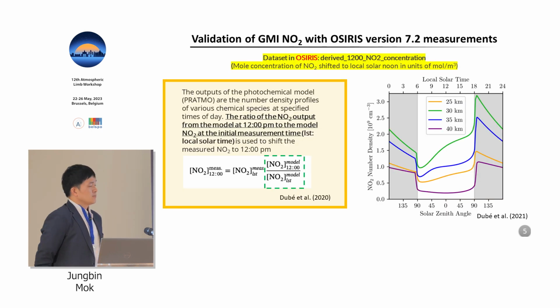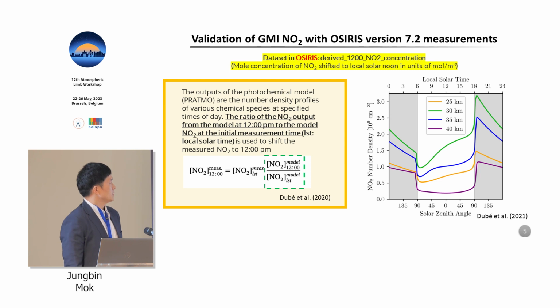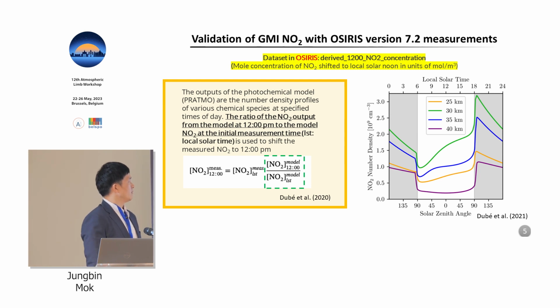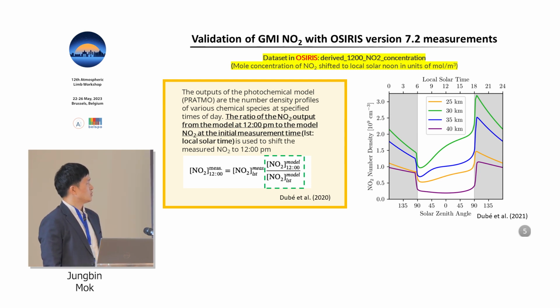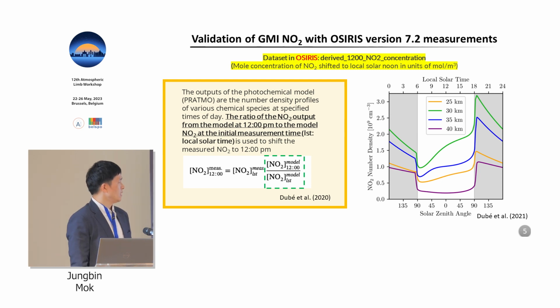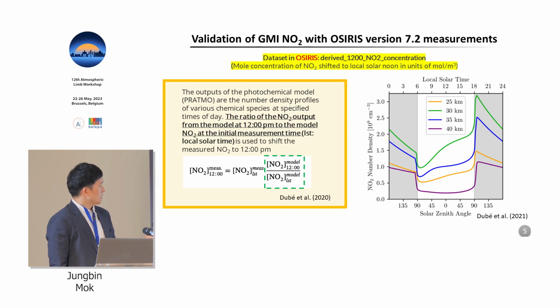We use OSIRIS version 7.2 measurements because it provides NO2 profiles shifted to local solar noon using this ratio. This ratio is calculated from the photochemical model, as the right figure shows, mostly from Dubé et al. 2020, 2021, and 2022.